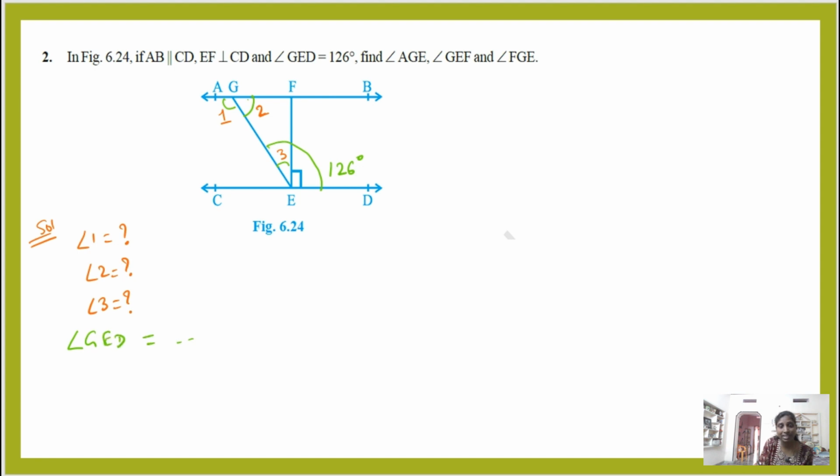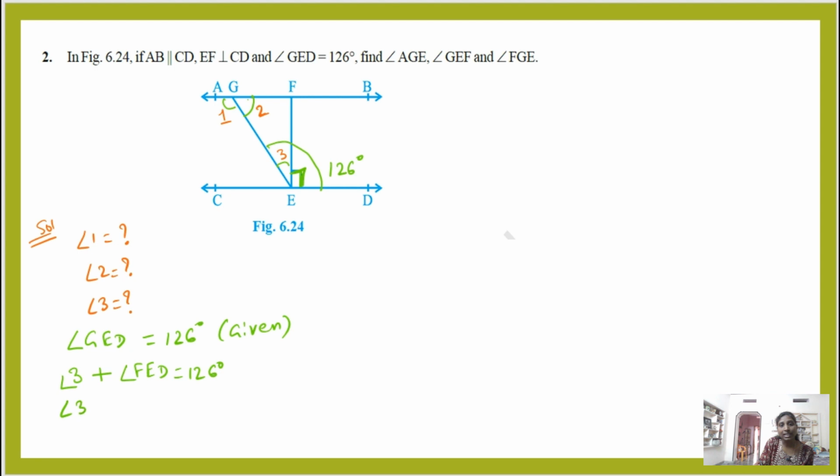Angle GED is equal to 126 degrees, and angle FED is equal to 90 degrees.